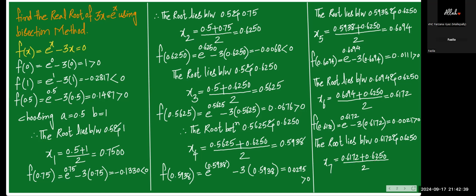Just calculate and tell me. Tell me the answer for x7. 0.6211.